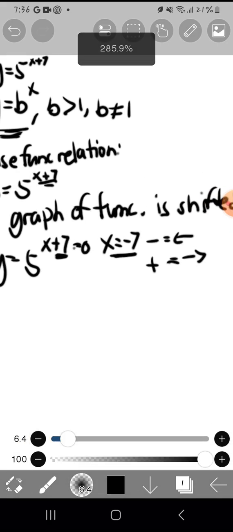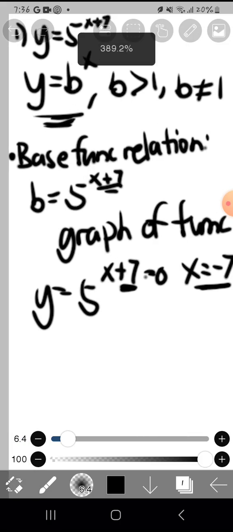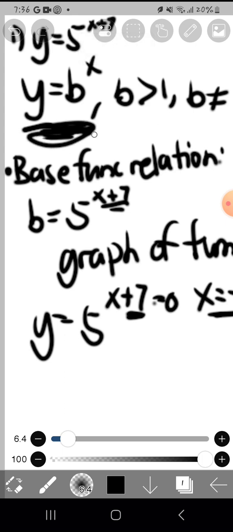So, number 1 ang gagawin ko para alam mo na. Kasi 'di ba yung sinasabi ni ma'am is graph the function, di ko i-graph, nakakatamad. Describe how it is related to the base function f of x equals b raised to x. Paano siya related sa base function na to?